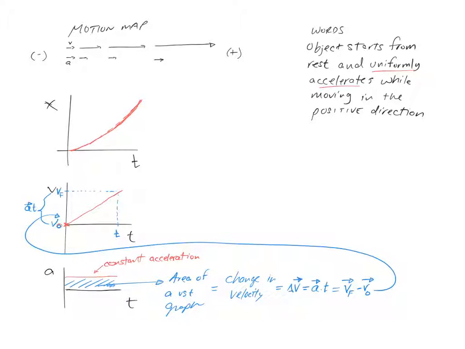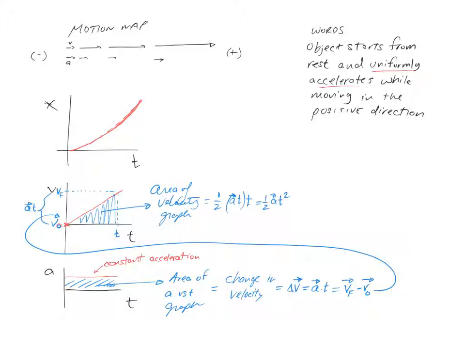Anyhow, here is the area of your velocity graph. You probably recall that the area of the velocity graph is going to be a triangle. So it's going to be 1/2, and then at, and then I multiply by the base, t. And that simplifies to just 1/2 at squared.